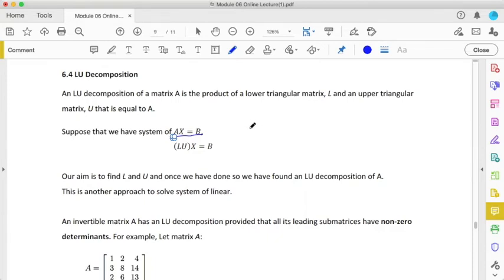Our aim is to find L and U, and once we have done that, we will have our decomposition. So this is another approach to solving a system of linear equations.